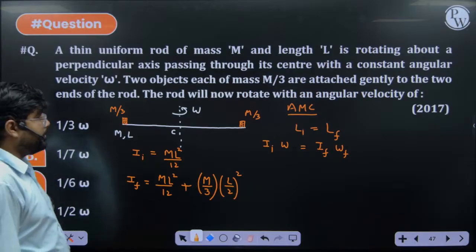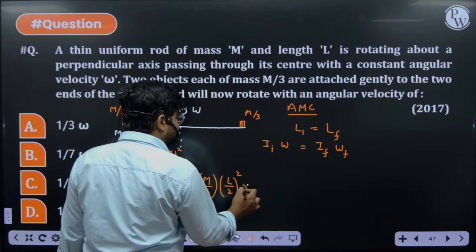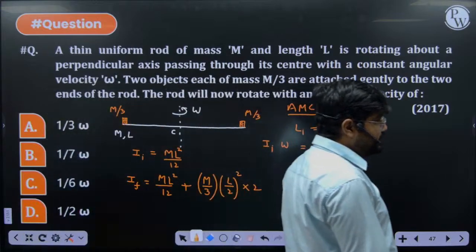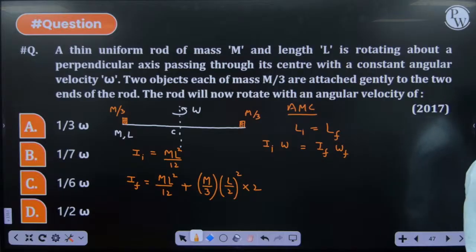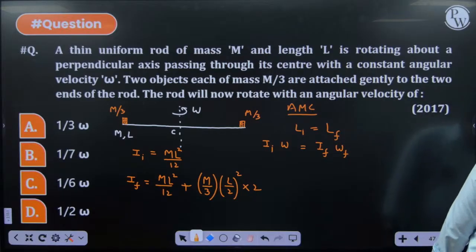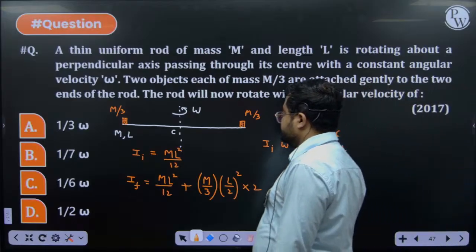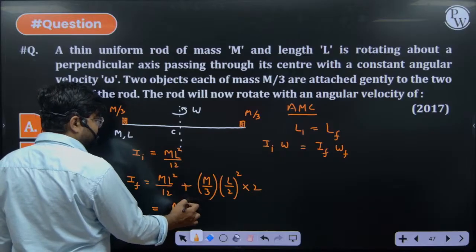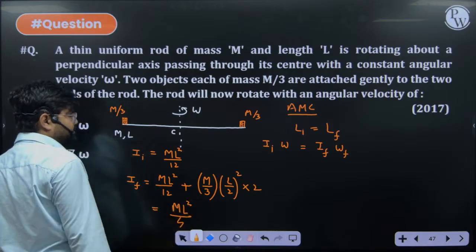But there are two masses, so into 2. If we solve this, we are going to get ml square by 4.